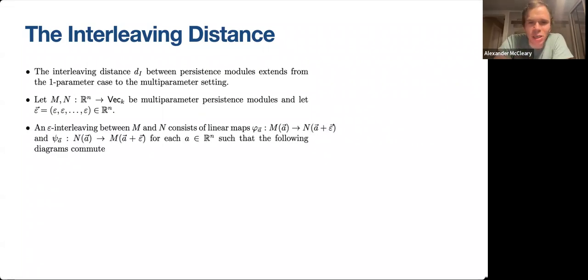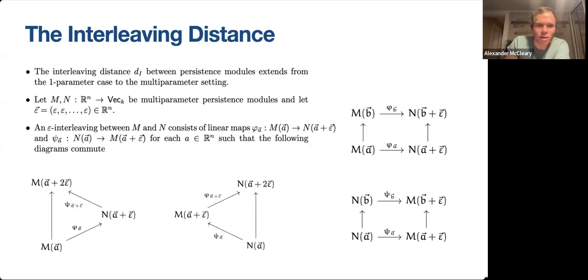An epsilon interleaving between 2 persistence modules M and N is just a bunch of linear maps. You should think about this as being roughly the same as what we looked at in the 1-parameter case, only now we're working with vectors rather than just real numbers. These are vectors in Euclidean space, but everything else is pretty much the same. So we need maps from M of A to N of A plus epsilon, and from N of A to M of A plus epsilon for each A. And we need these maps to be such that these diagrams commute.